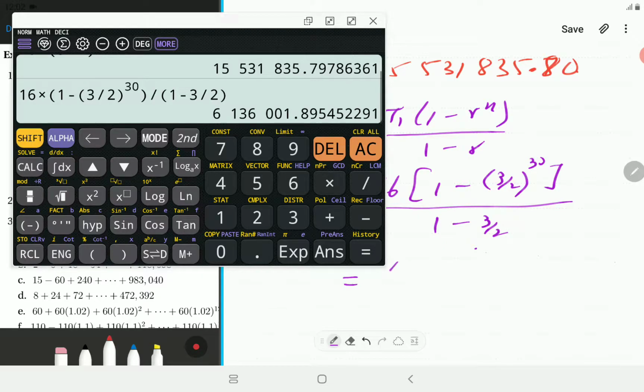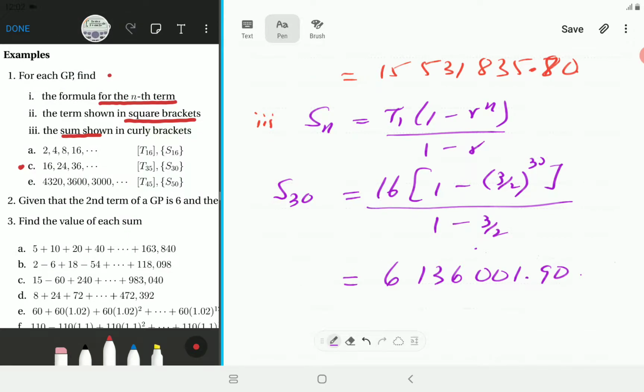So that's going to give us 6,136,001.90 correct to 2 decimal places. Okay, so that is part C. We're now going to go to part D.